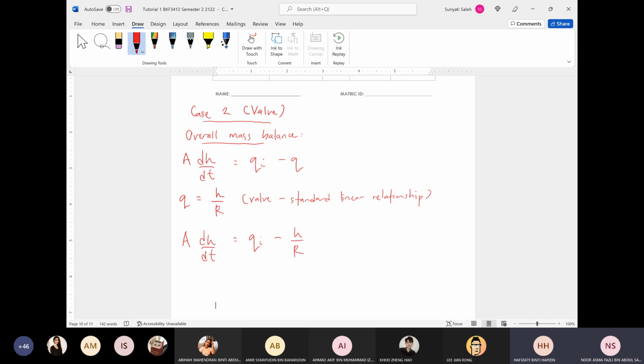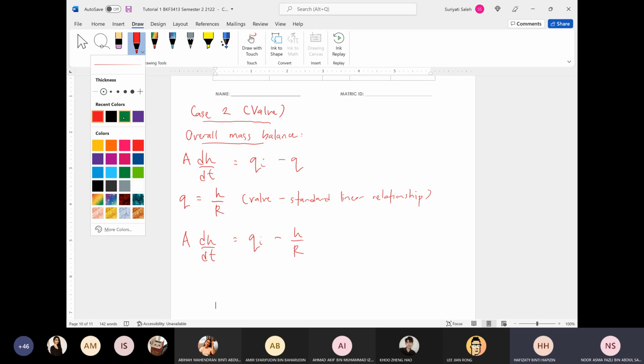Once we substitute the relationship, what is the next step? We follow the same procedure, where the first step is to obtain the deviation form.